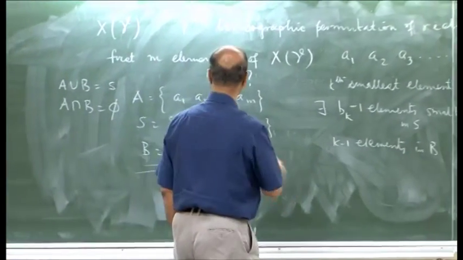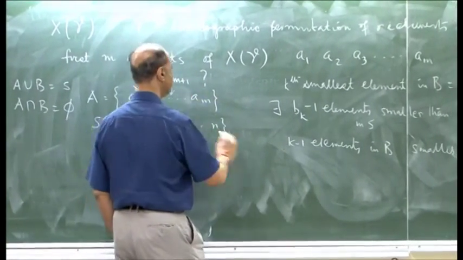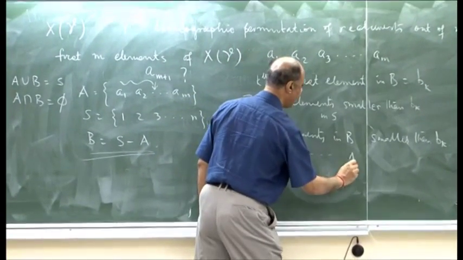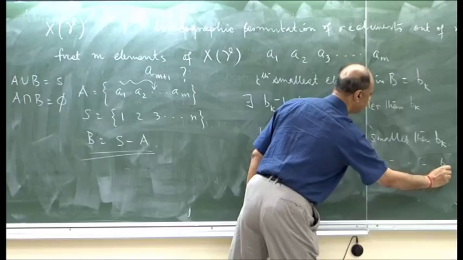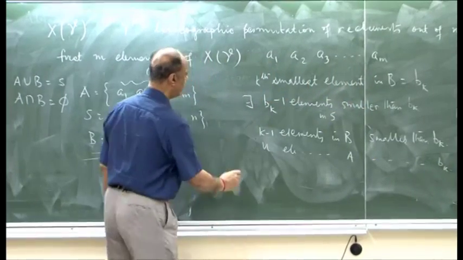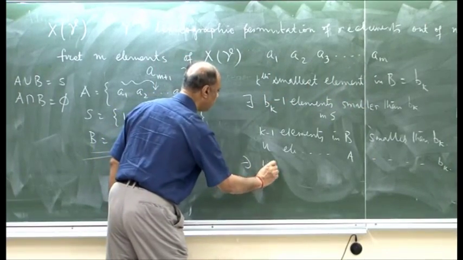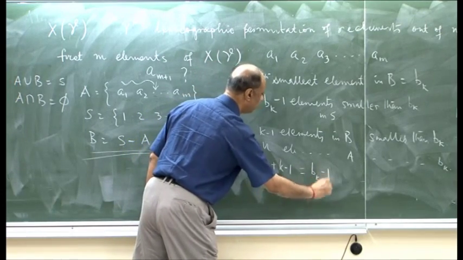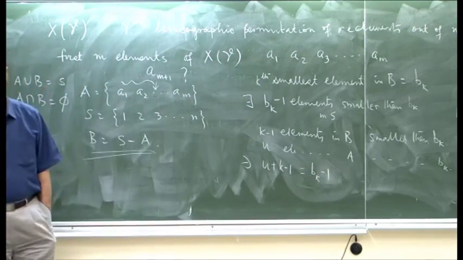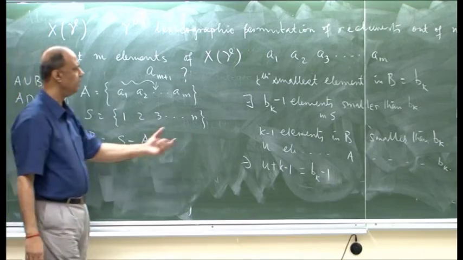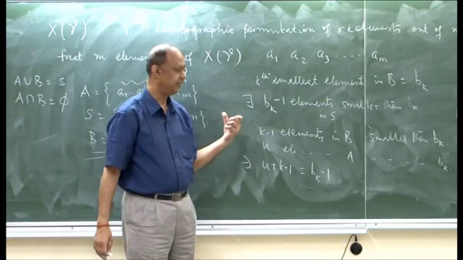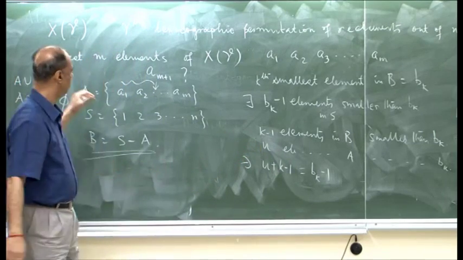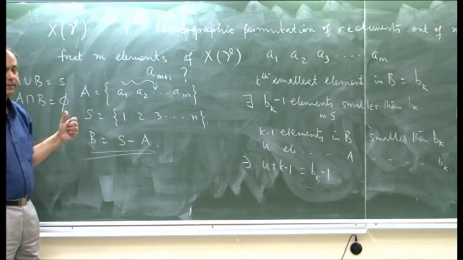So there exist U elements in A smaller than Bk, such that U plus K minus 1 is equal to Bk minus 1. K minus 1 elements in B are smaller than Bk, and there must be some U elements in A which are smaller than Bk.